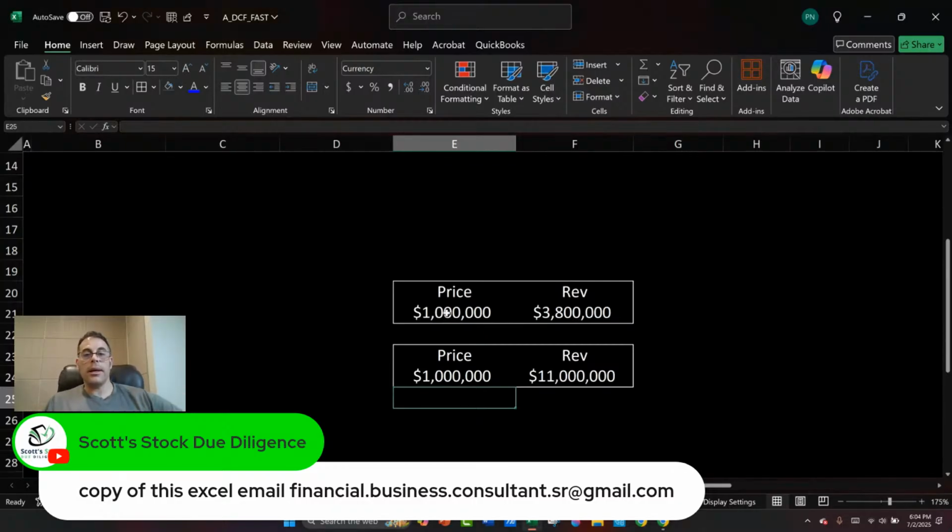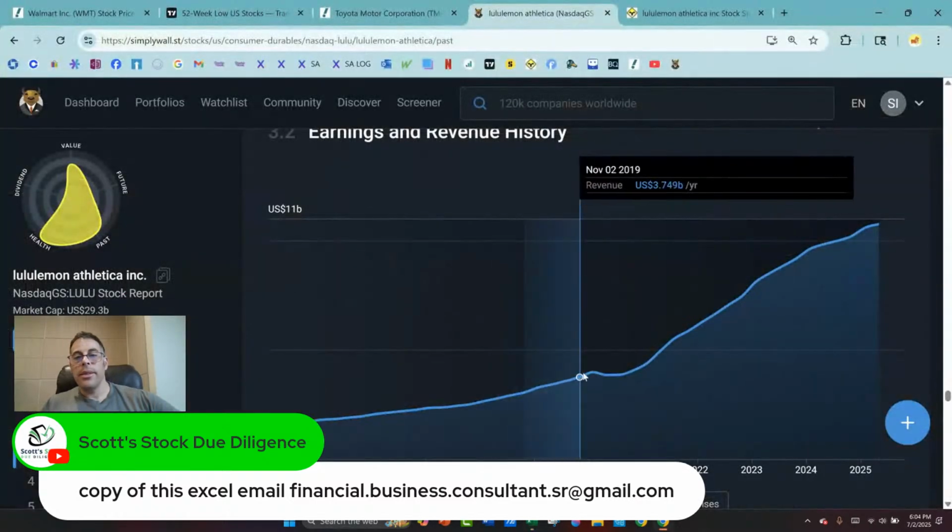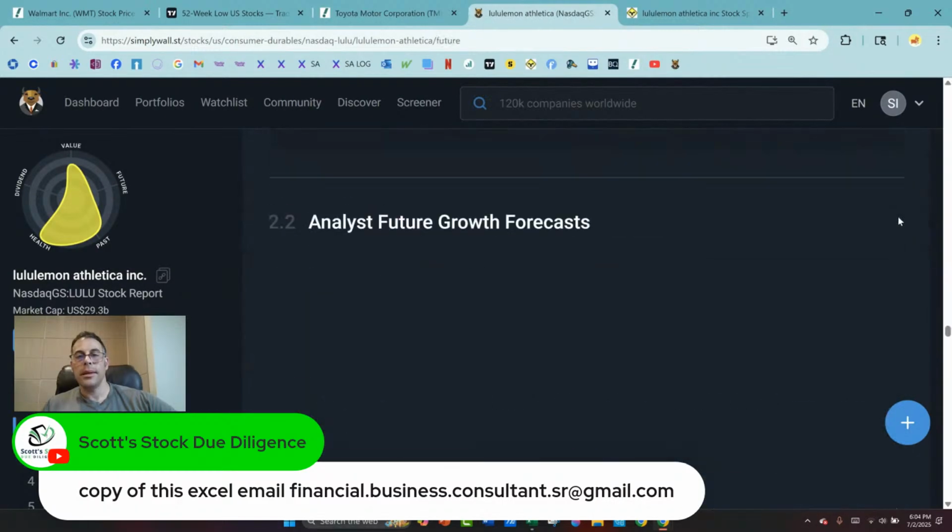You're expecting like 5-6 million for your business. And he's saying, I'm going to still offer you $1 million. That's exactly what's happening with Lululemon. They grew their revenue from 3.8 billion to 11 billion. And the value of the company is identical.